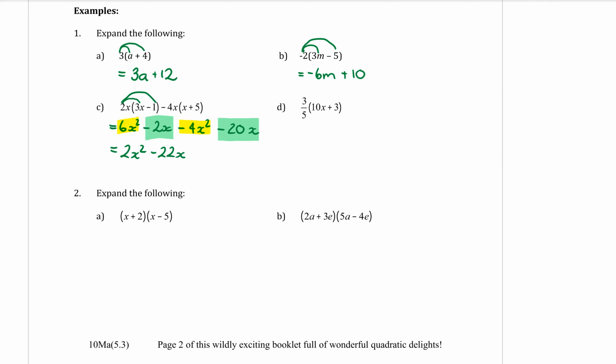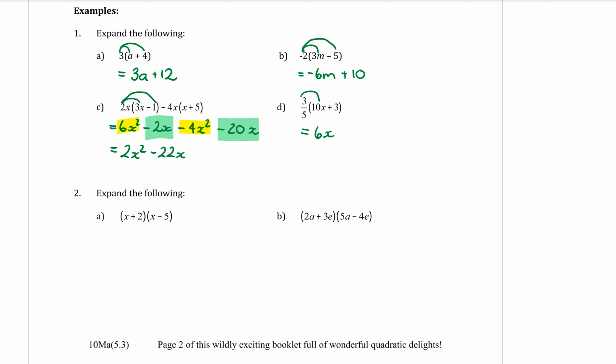Part D, we have a fraction in this question, but it's still going to be using the distributive law. So we want to multiply 3 over 5 times 10. Now you could multiply that on your calculator if you like, or you would know that 10 divided by 5 makes 2, and 2 times 3 makes that a 6x.